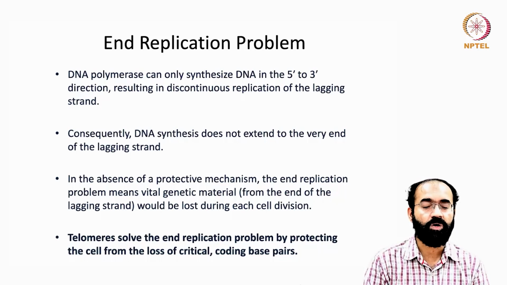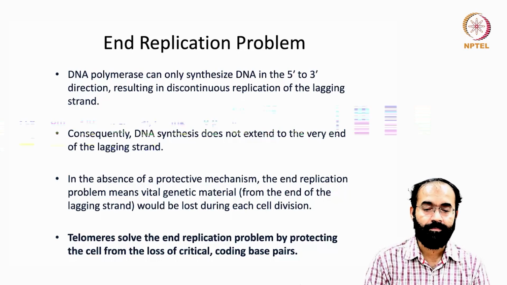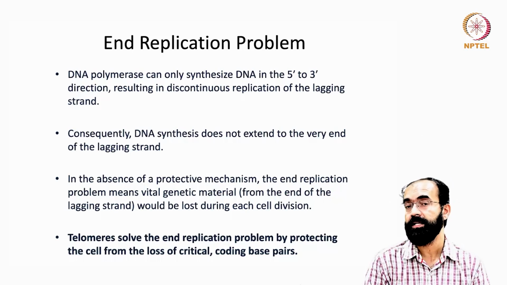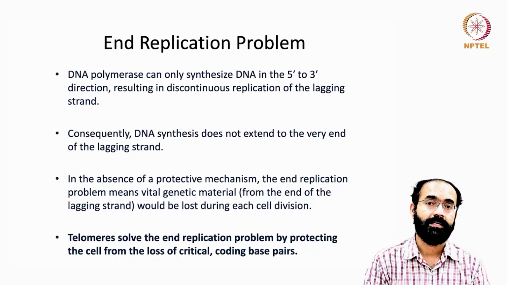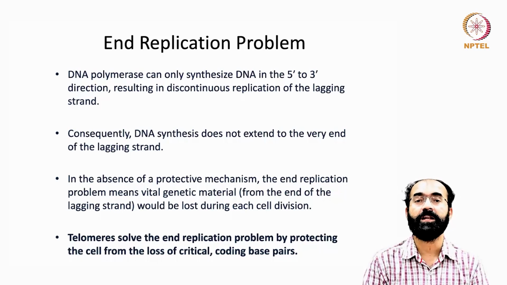In the absence of a protective mechanism, the end replication problem means vital genetic material from the end of the lagging strand, meaning not the telomeres but the genes itself, would be lost during each division. So if a gene is supposed to be 1000 base pair, and the gene is at the extreme end of the chromosome, the 1000 base pair now will become say 990 base pair.